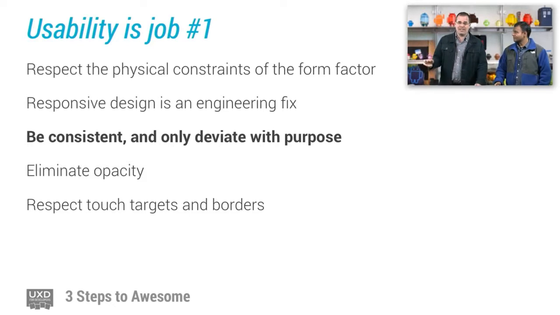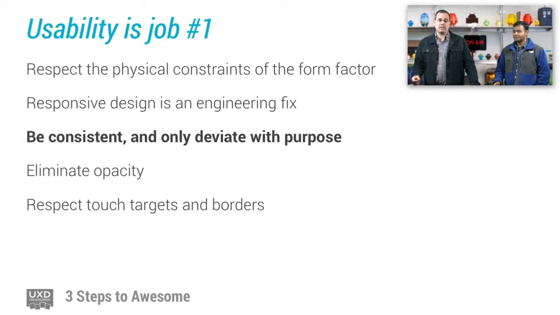The reason for platform conventions isn't just to straitjacket everybody into a series of design patterns that otherwise make no sense. The point is to make everybody feel comfortable, everybody feel in charge of what they're doing. Learn and internalize those design guidelines. Sometimes you have to deviate, as we've said in the other episodes.